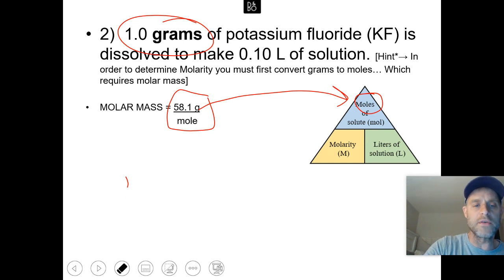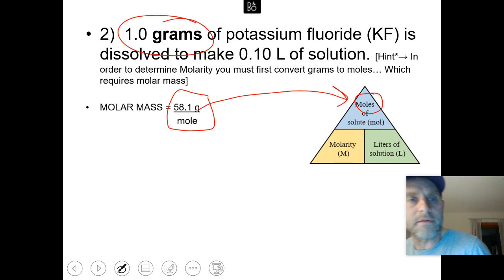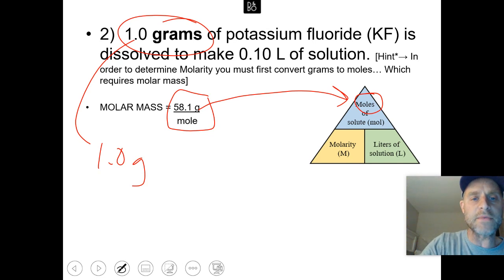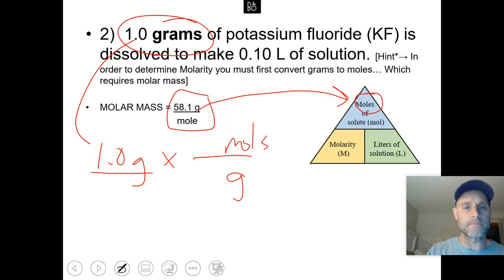Okay, we're going to use that still. See, I'm not always making sense of what we got. Let's go back to what we got, right? I have 1.0 grams. I don't want grams, I want moles. So I've got to get rid of grams. Grams is on top right there. So to get rid of it, to cancel it out, grams has to go on the bottom. What goes on top is moles.